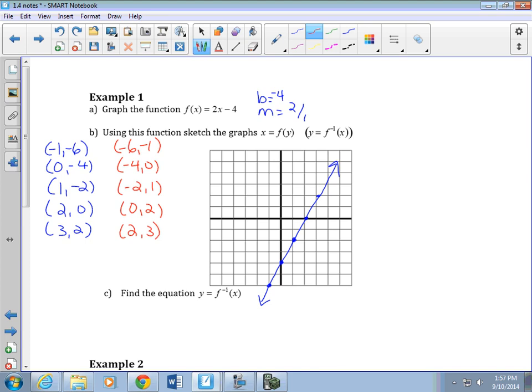So I connect those dots, and that's the way it looks. If my lines had been straight, you'd see my graphs would have crossed each other at that point, which would be at (4, 4).